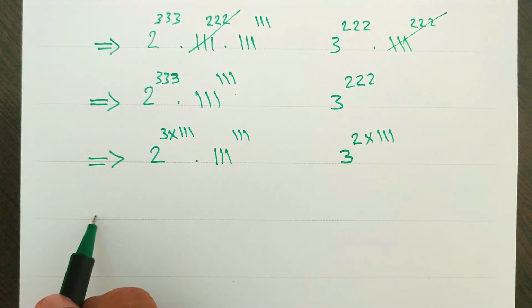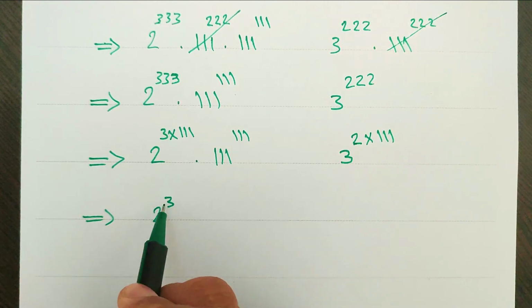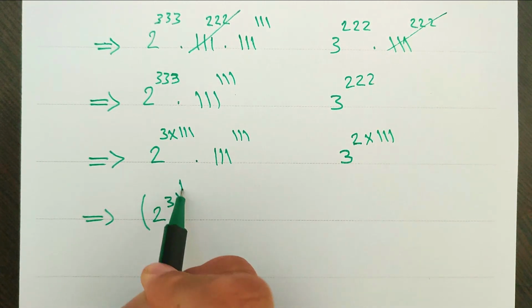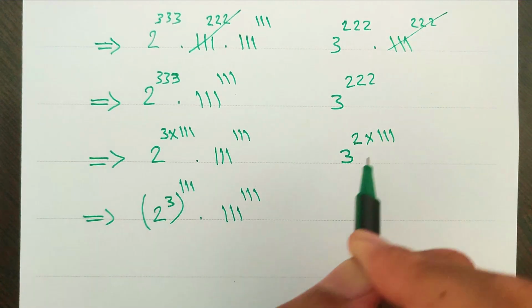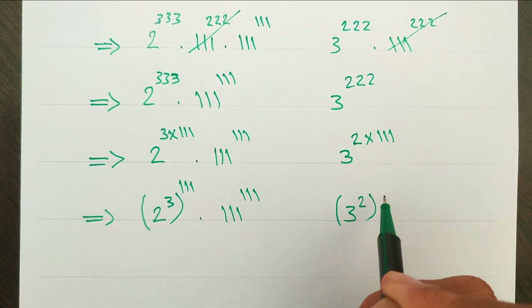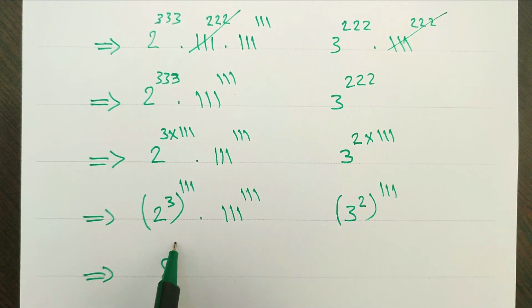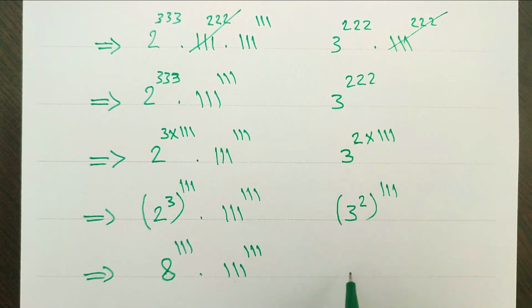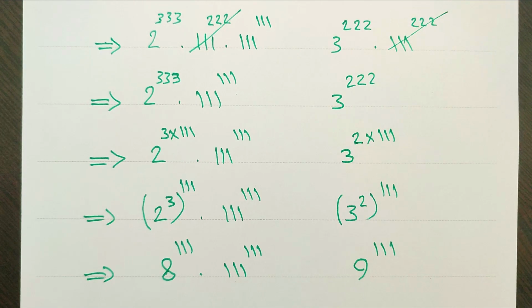By using the rules of exponents, we can rewrite them as 2 to the power of 3 all to the power of 111 times 111 to the power of 111, and 3 to the power of 2 all to the power of 111. This simplifies to 8 to the power of 111 times 111 to the power of 111 on the left side, and 9 to the power of 111 on the right side.